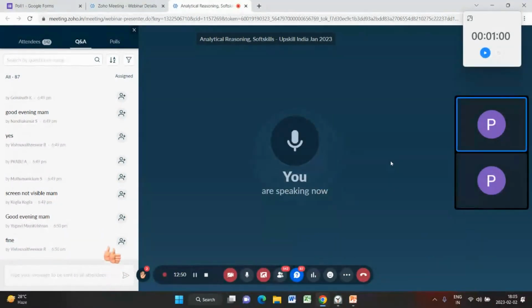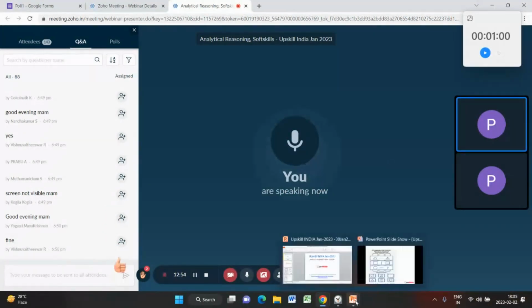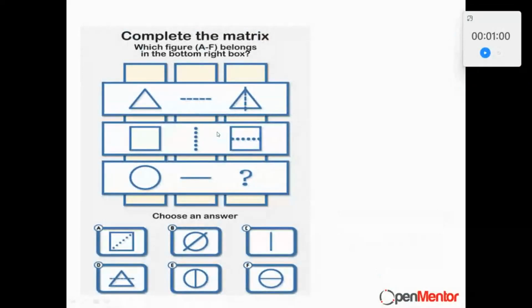We will now go back to the problem we are going to discuss today. This is a pattern. The first column, the first one, is a pattern in which some object is formed.